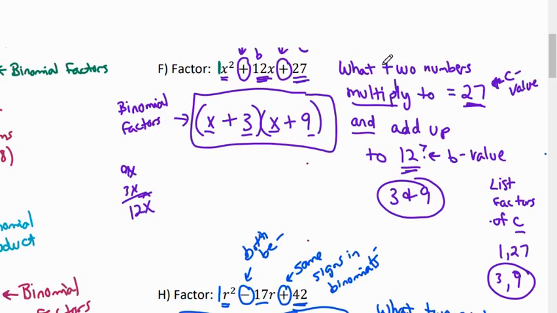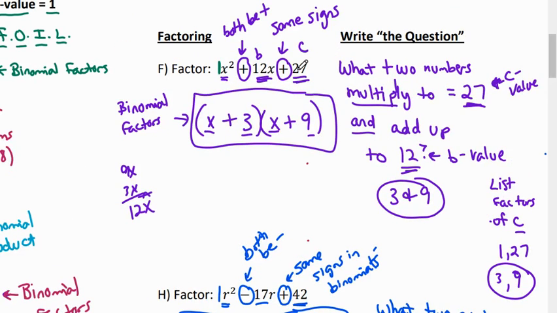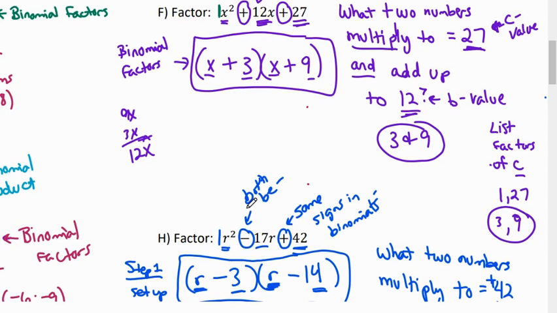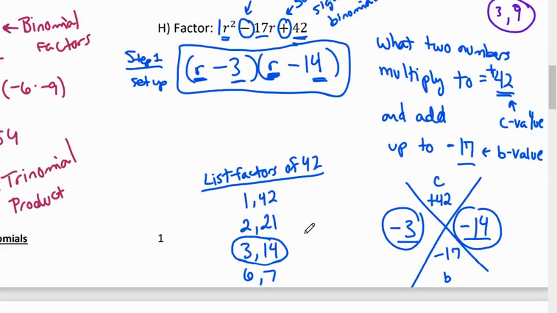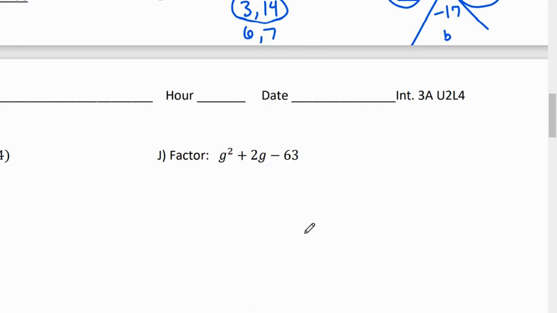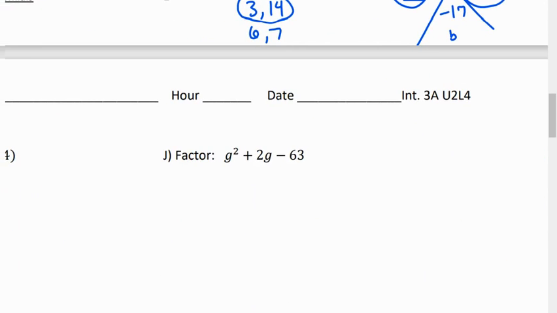If you look at the last example, your C was positive, which means the signs in your binomials are the same. But in order for them to add up to a positive 12 in the middle, they have to both be positive. So notice these sign patterns. We're going to write these down later on as well. But as we work through these, it's helpful to recognize them as we go through the process. Okay. Now we've got a different sign pattern.